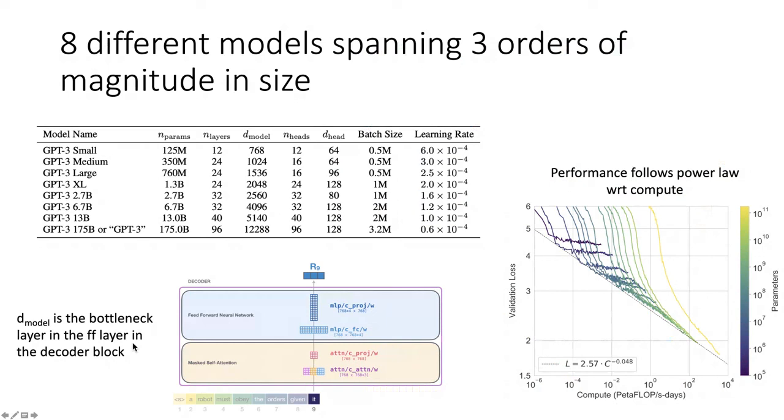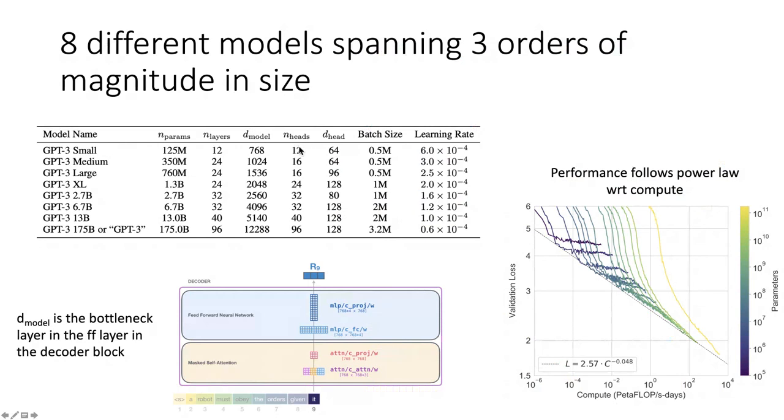The D model variable here is simply this dimension, in this case 768, which you compress the output of the feed-forward network onto. That's why they call it a bottleneck layer. Again, not super important, but I like to understand the things that they put in tables.